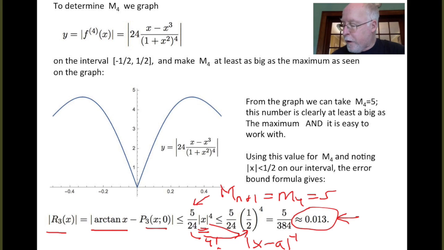Again, we find the M4 number, which is equal to 5 in this case. To take care of the M_n, we make x as large as it can be, because to get a numerical value, I have to get rid of that x. We always want to keep making this thing bigger as we move to the right here, so that we are getting something truly bigger than this difference.